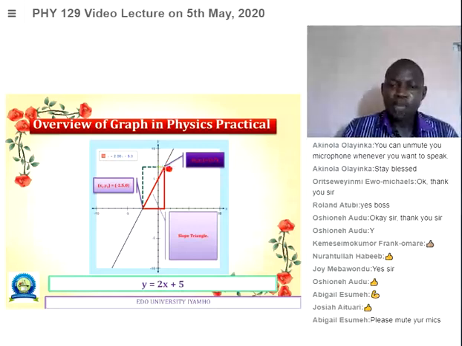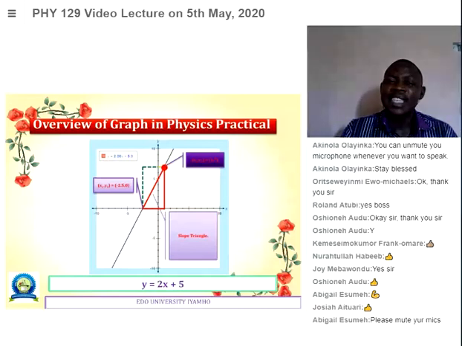Okay, so with this, we can actually compute or know the value of this point on this graph, this point where I am. We want to know what is the value of this point. Remember, every point on a graph has an x value as well as a y value.